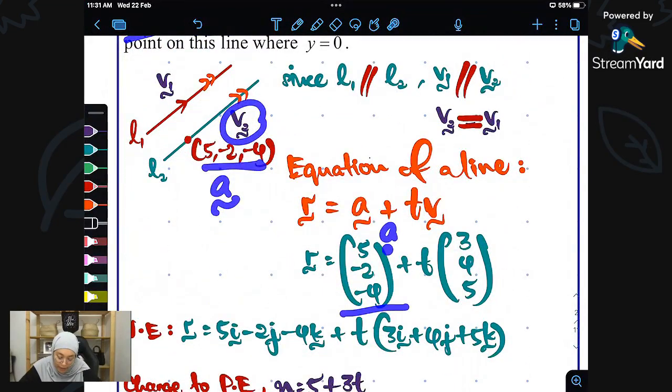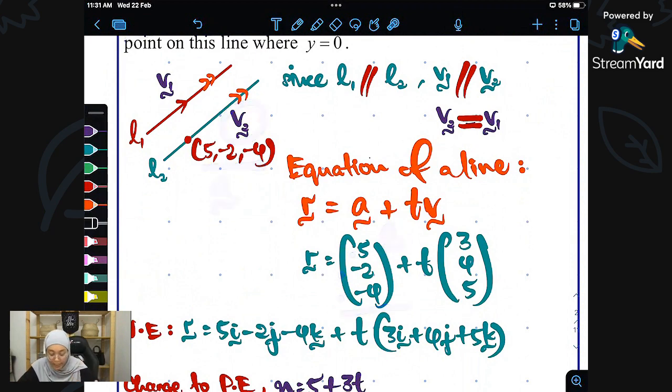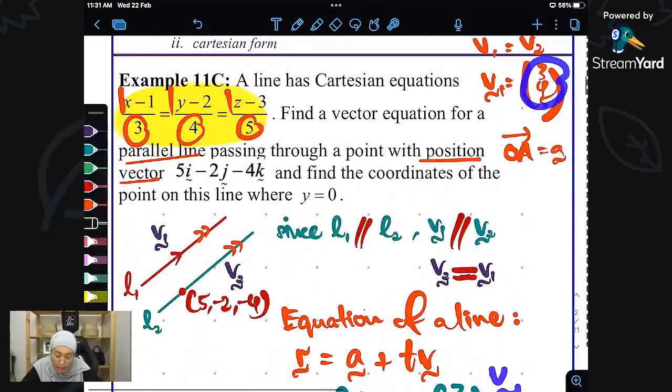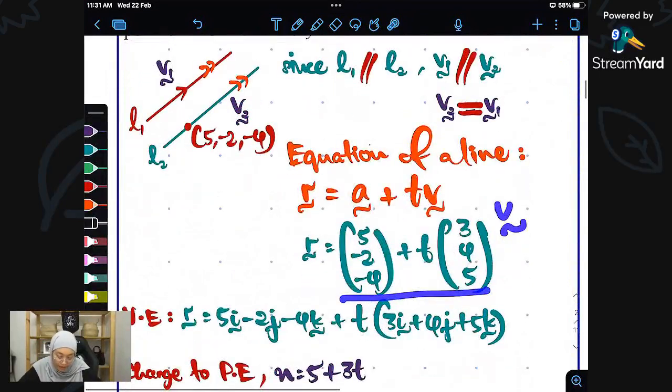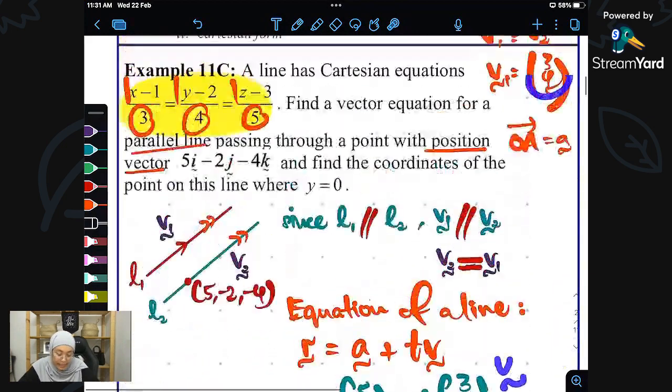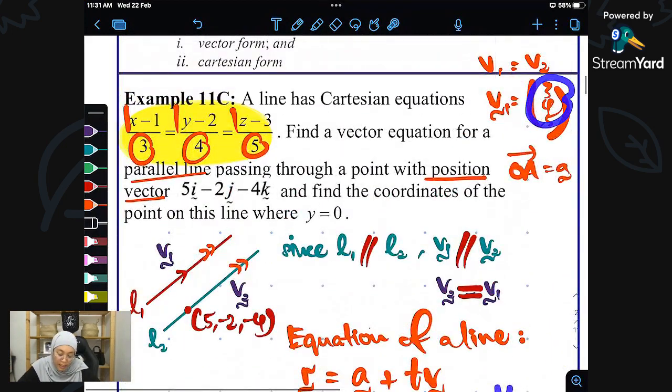So this is my A vector, 5, -2, -4. I sub it in already, plus with the T times V vector, iaitu yang tadi saya dah cari 3, 4, 5. And so my vector equation adalah ini. Tada! Magic, siap.